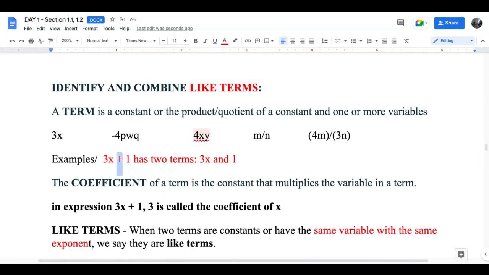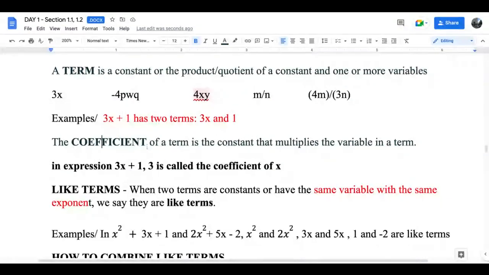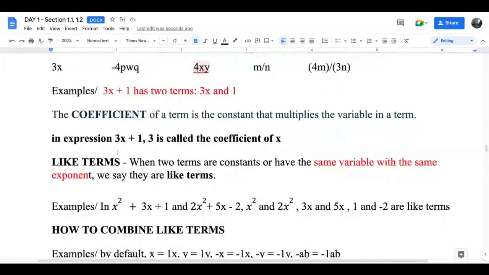So you see addition and subtraction separate terms. Again, the coefficient of a term is the constant that multiplies the variable in the term, right? So 3 is the coefficient of x, and 1 is the constant.